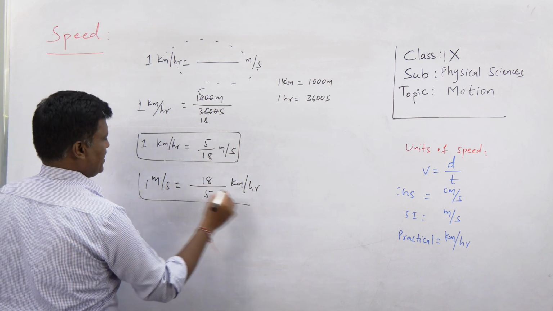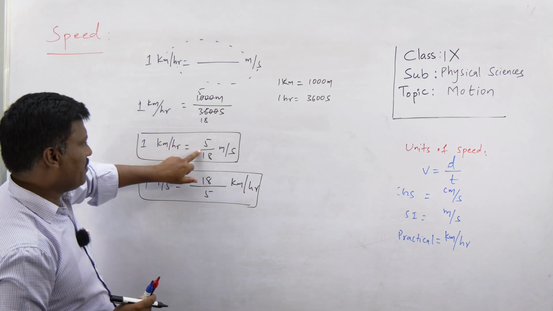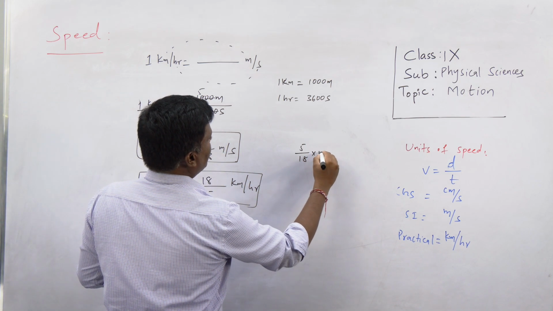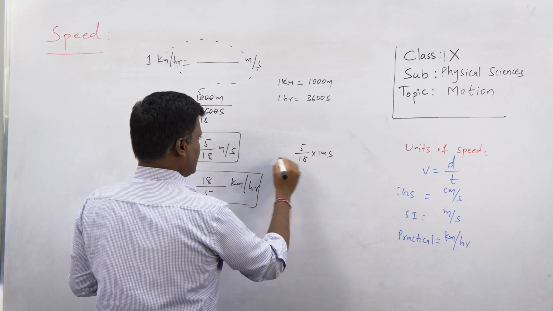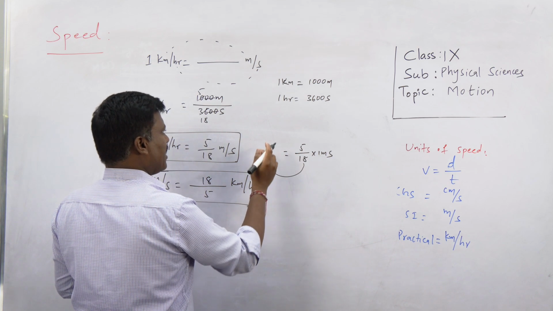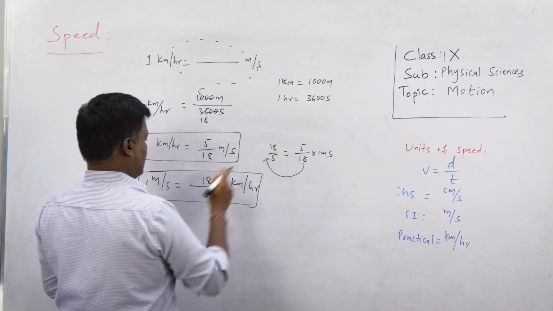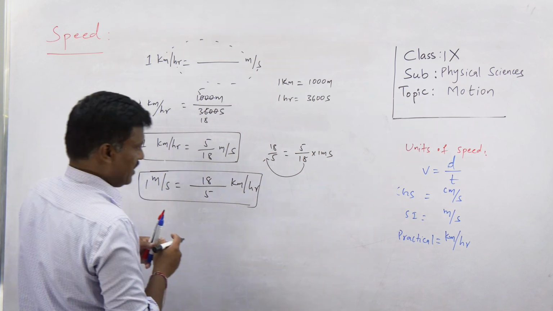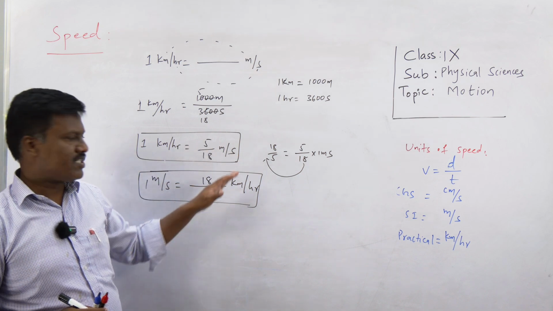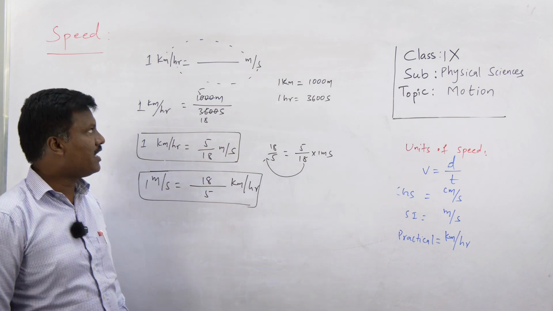You have to remember this also. Just imagine 5 by 18 meter per second can be written as 5 by 18 into 1 meter per second. If you transpose this from RHS to LHS, it becomes 18 by 5. That is what I have written here. Understood? This is the conversion of kilometer per hour into meter per second and meter per second into kilometer per hour. Clear? Right.